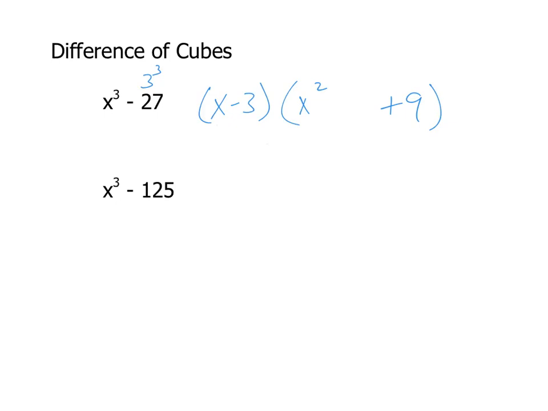So now when I do my multiplication, if I do x times 9, I get a positive 9x. So negative 3 times something has to cancel that out. So it's got to be a negative 9x. So maybe you're thinking positive 3x. That's going to work for me. So take a look at that pattern. See about the next one, x cubed minus 125.